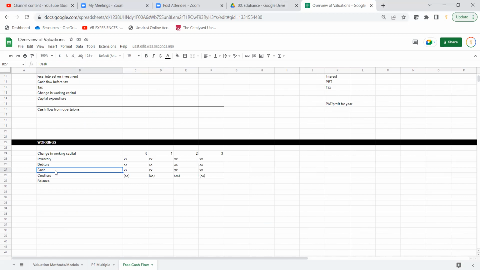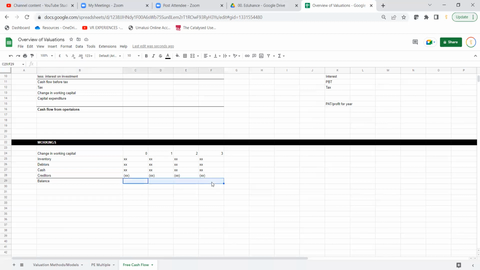So if the cash balance is 100,000, you take 5%, it'll be 5,000 Rand. Very important. Then you have the balance.